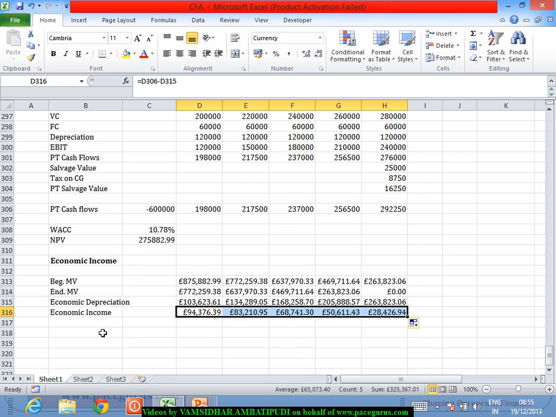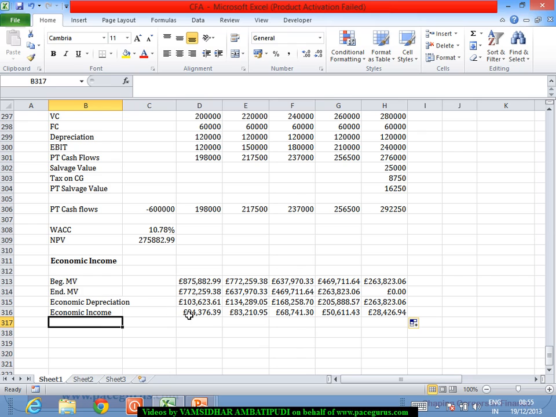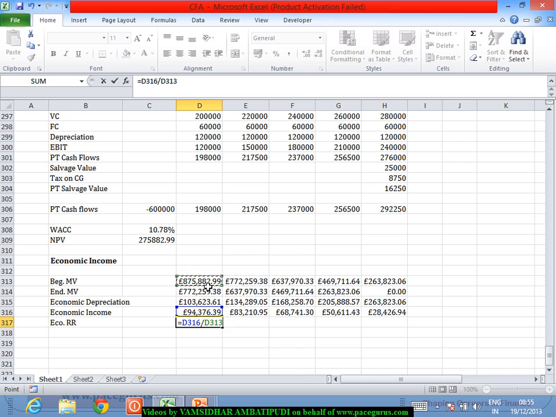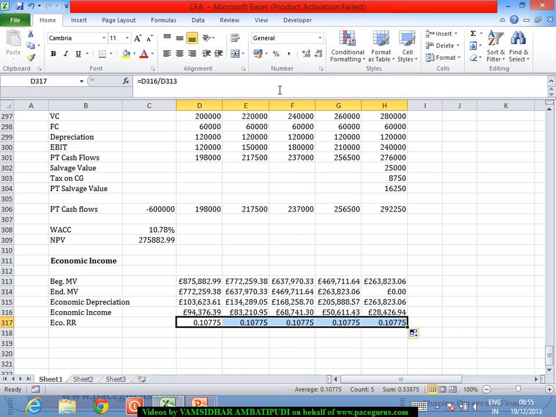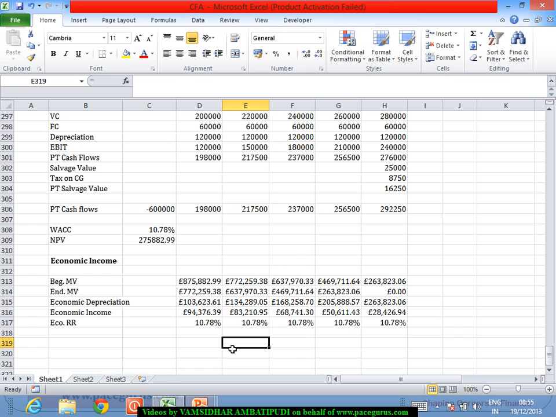And the good thing is, if I look at this income as a proportion of the beginning of the period market value, we call it the economic rate of return. I will get 94,000 divided by 875, which will exactly be the same for each of the years as your weighted average cost of capital. So that is the relationship that exists with your economic income. We have to be comfortable in all these rounds.